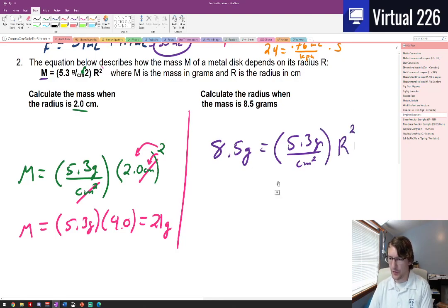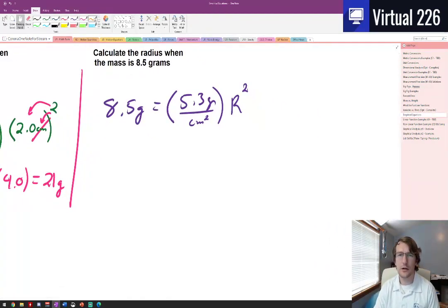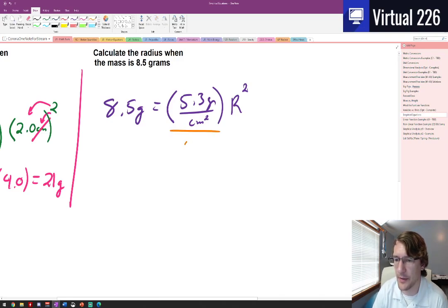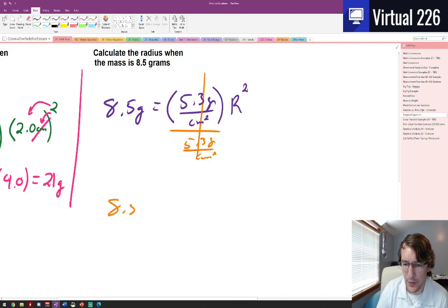Now, if I want to solve for this r here, I have to get rid of the 5.3 grams per centimeter squared, and since they're multiplied, I need to divide. So I'll divide each side by 5.3 grams per centimeter squared. Those will go away. So I've got 8.5 grams divided by 5.3 grams per centimeter squared.